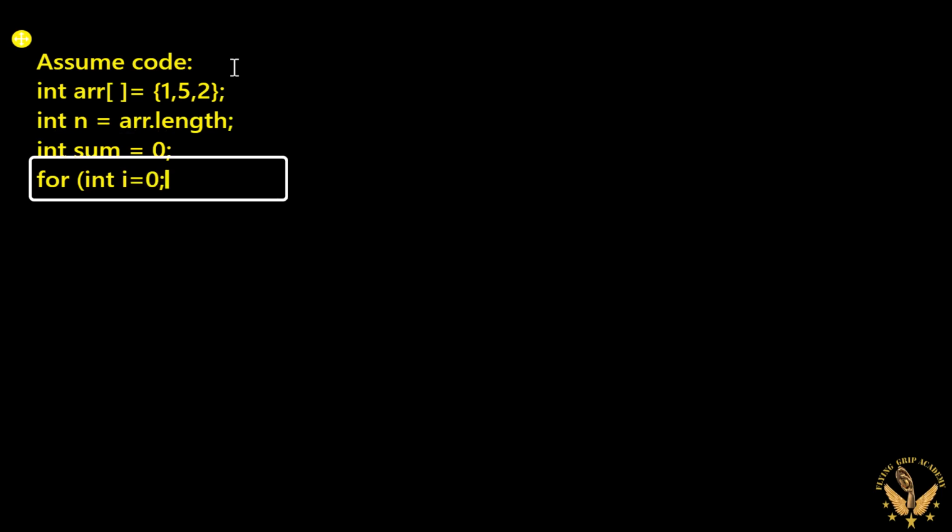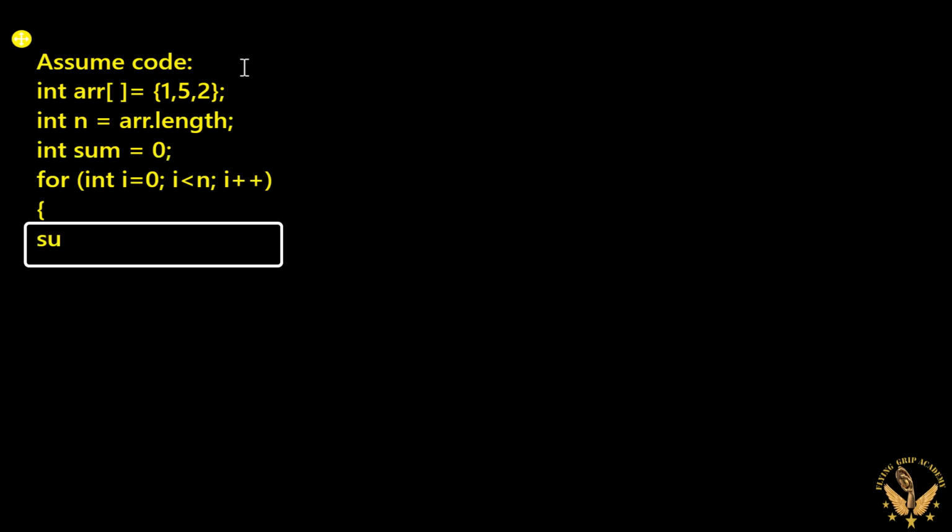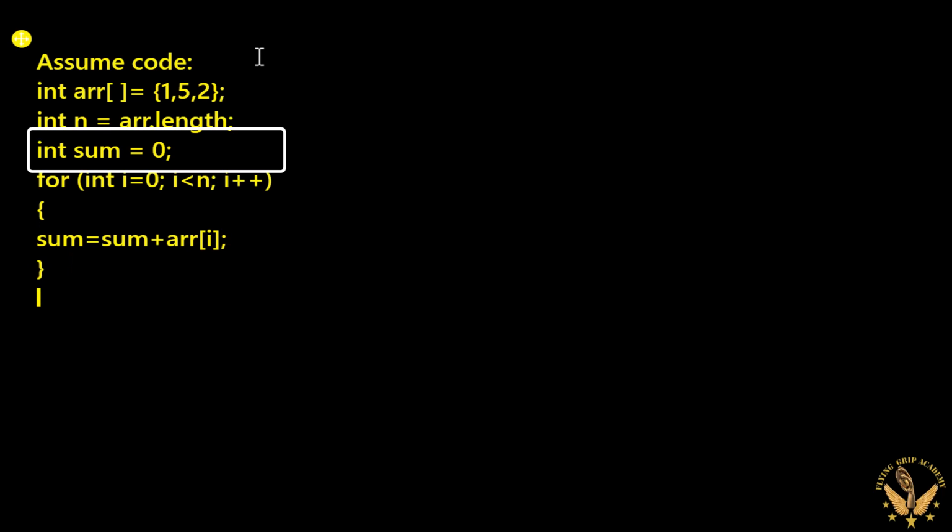Next one contains the for loop, which has an initialization section, a condition section, and an increment or decrement. Within the for loop we have sum equal to sum plus array of i. Sum is initially 0, and the array element will be added each and every time. So 1 plus 5 plus 2 will be stored as the resultant sum. So let us analyze the frequency.